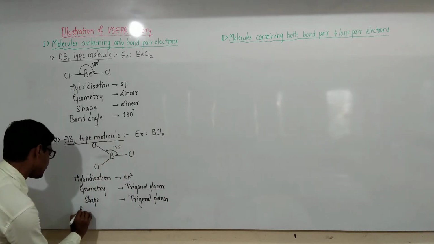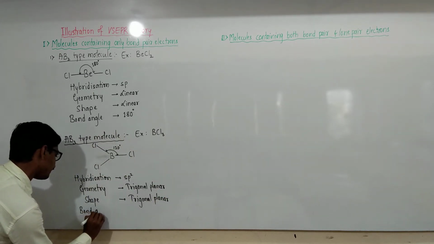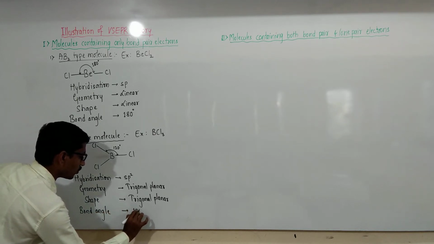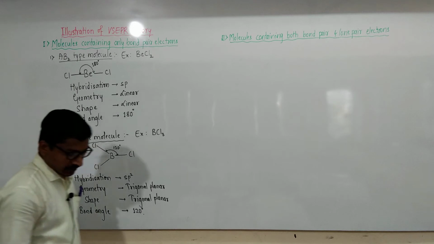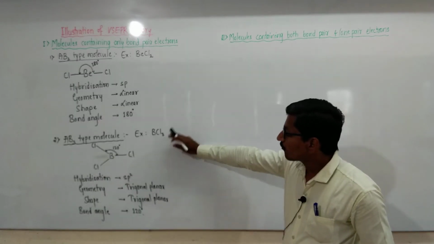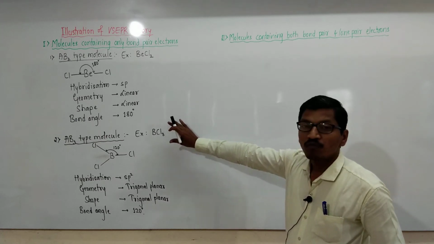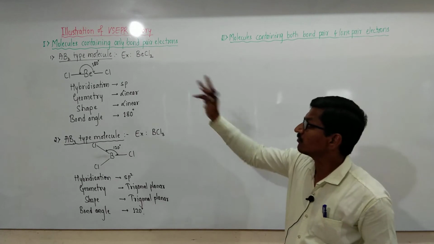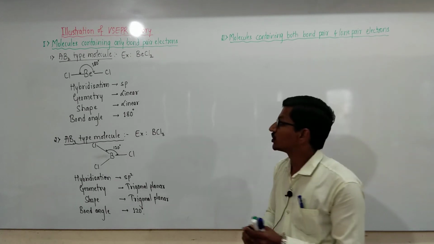The bond angle is 120 degree. This is the illustration of AB3 type of molecule containing only bond pair electrons based on the valence shell electron pair repulsion theory.